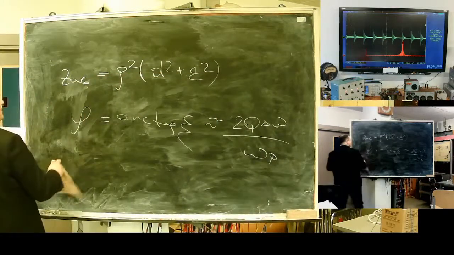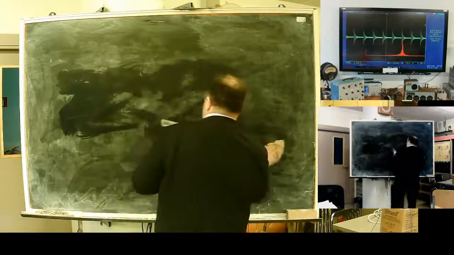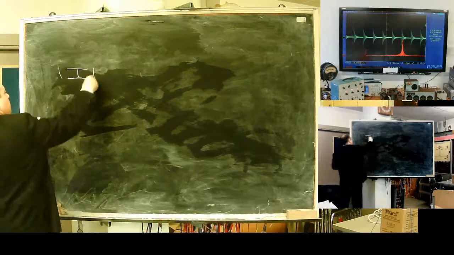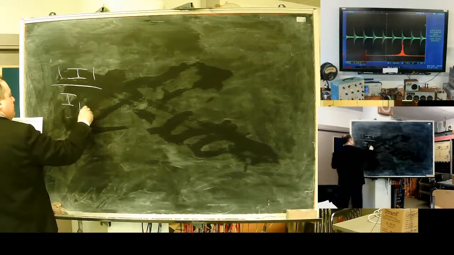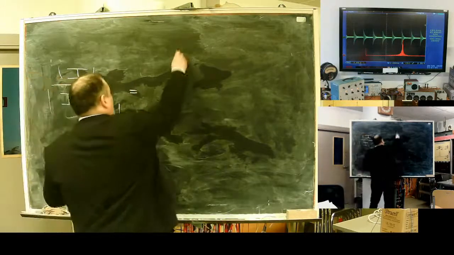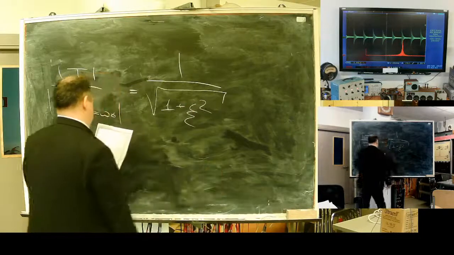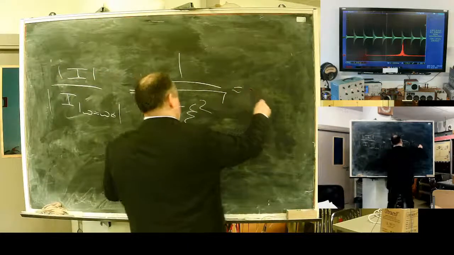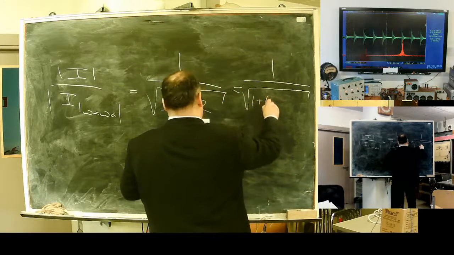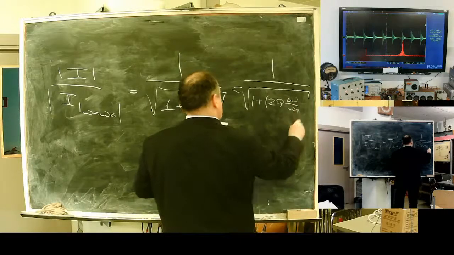And characteristic of the current, current module against current at the frequency equal to omega 0 will be 1 against square root of 1 plus xi squared, or approximately 1 divided by square root of 1 plus double delta omega over omega 0 and its square.